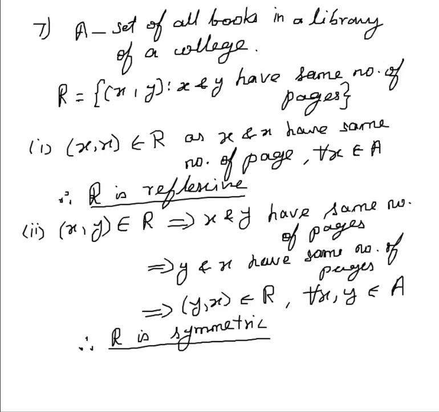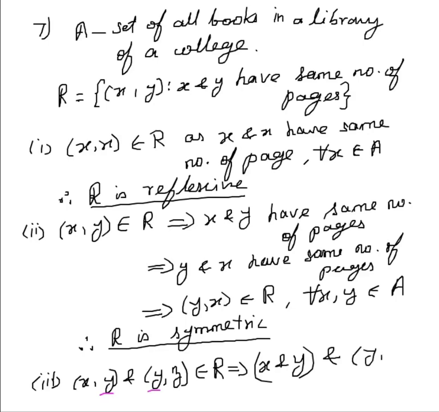Now let us prove that it is transitive. So for transitive condition, we take two elements (x, y) and (y, z). Remember, for transitive condition, we take this as the common element. Let us consider that they belong to the relation R. What does it mean? x and y have same number of pages.